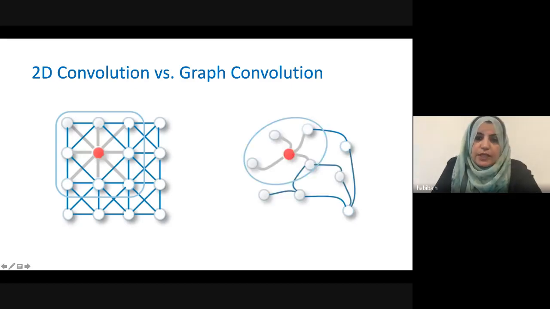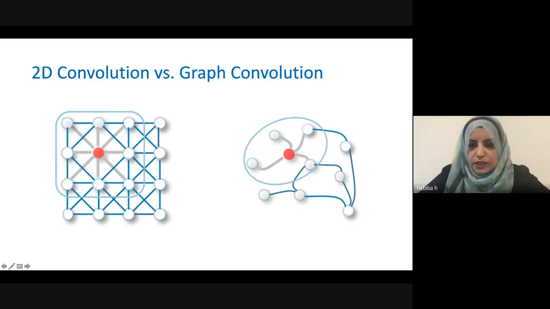Now looking at the picture on the right, which is a graph, as I showed you earlier, it had these nodes or vertices and then edges between them. Again, if you want to predict something for that red node, we can look at the neighborhood, which is the directly connected nodes to the red one. So it looks very similar. The way we had the CNN, we can actually use the same idea for graph convolution.